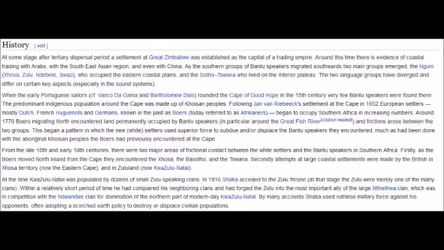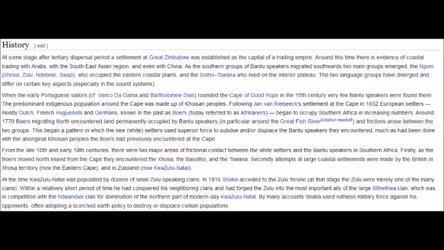It says, from the late 18th and early 19th centuries, there were two major areas of frictional contact between the white settlers and the Bantu speakers in southern Africa. Firstly, as the Boers moved north inland from the Cape, they encountered the Xhosa, the Basotho, and the Tswana.